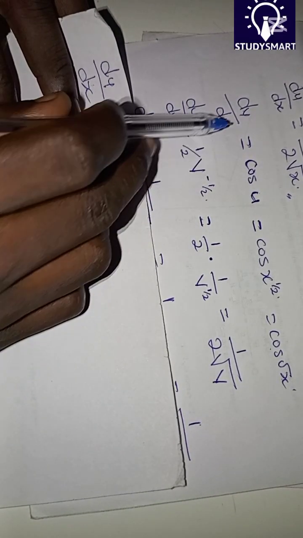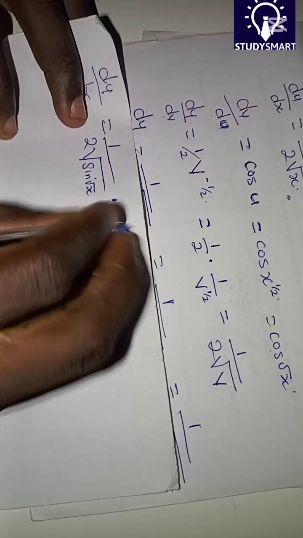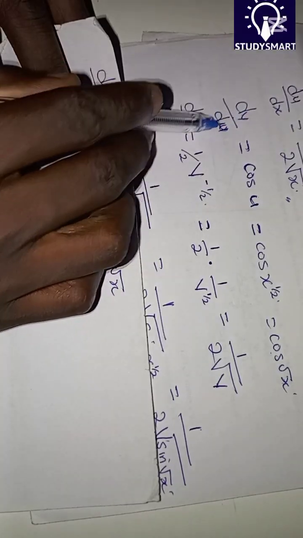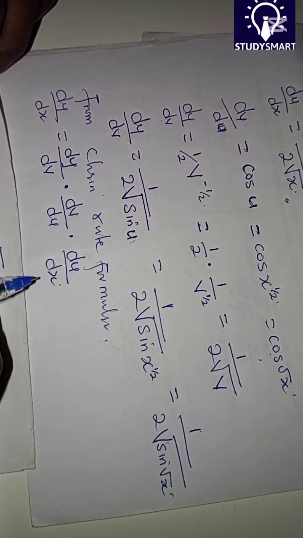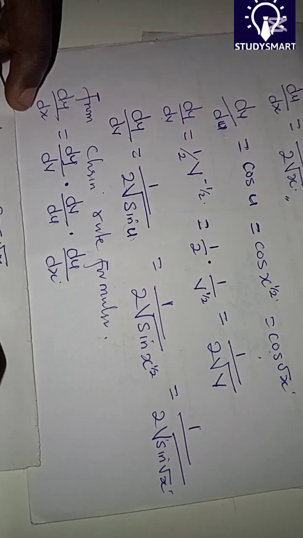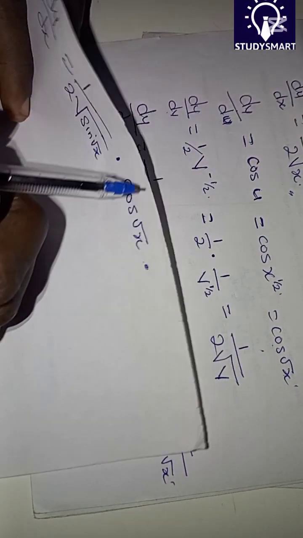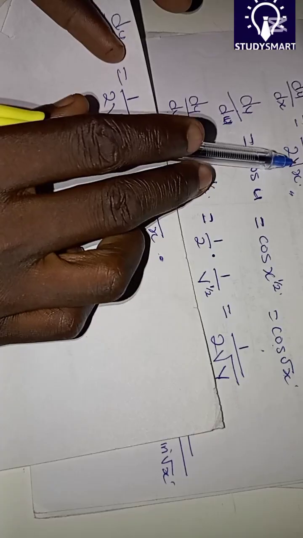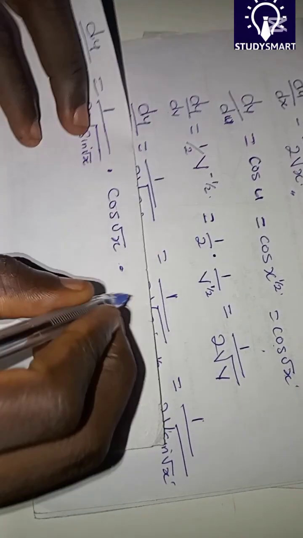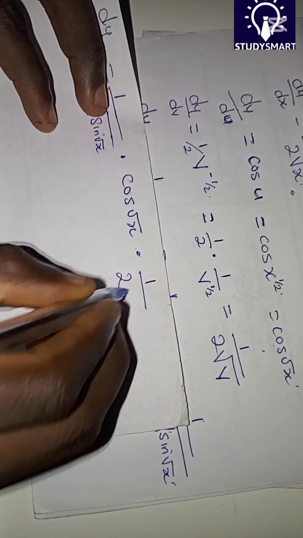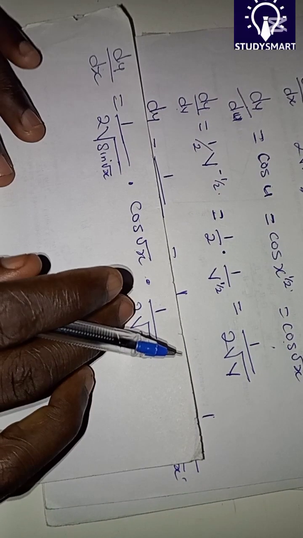This is dv/du here, which is cos root x, then times du/dx. My du/dx here is 1 over 2 root x. Right, so that's what we have.